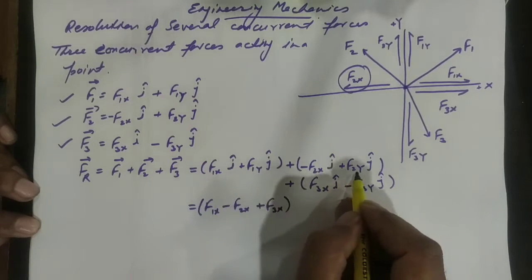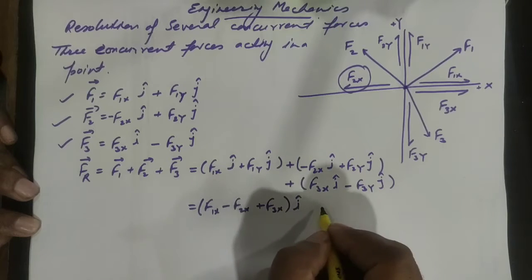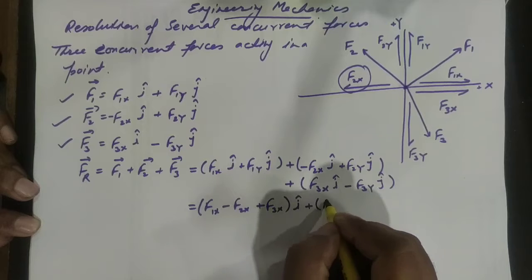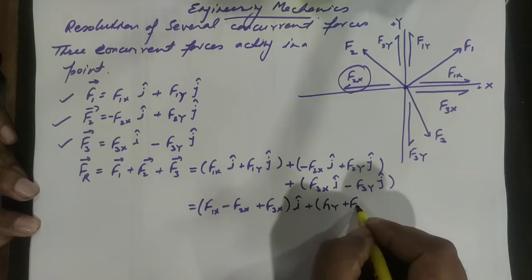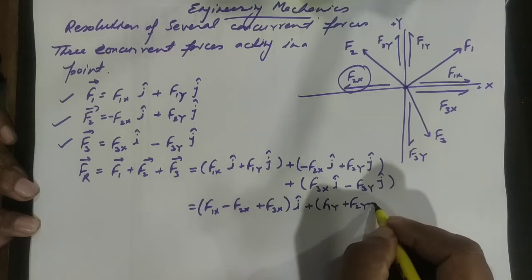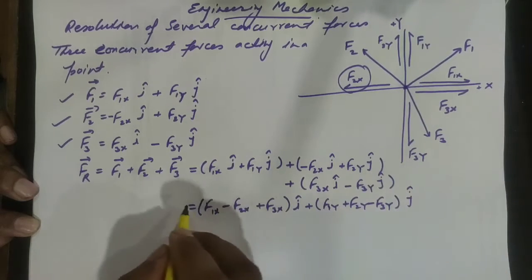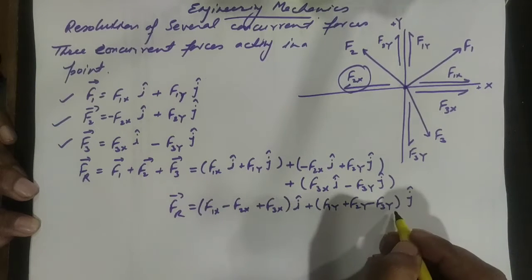All the x components we separate together and take the unit vector common, and we also separate the y components, F1y plus F2y minus F3y, as the j component. So vector Fr is equal to this.